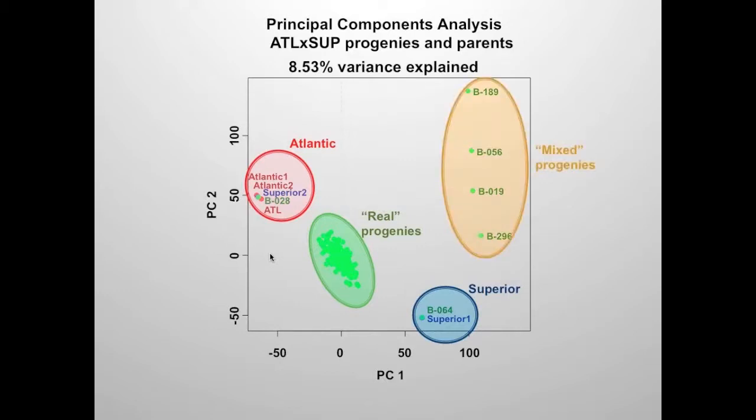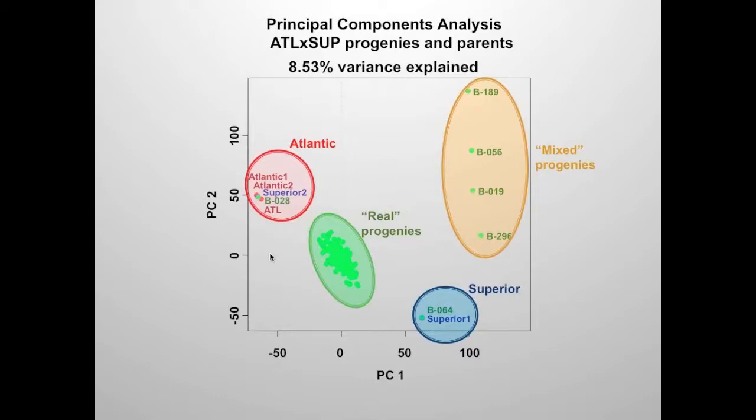But we also have 4 clones that are very far from what we would expect for a progeny. So I'm assuming that those belong to the other population that we have been growing together with this one, which is Snowden by Superior.